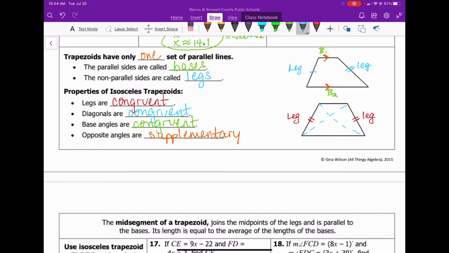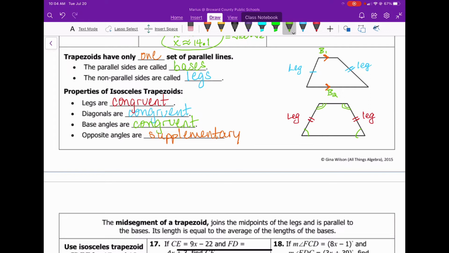The base angles are congruent as well. The base angles are right here. These angles here are congruent. And opposite angles are supplementary. Because we have two bases, we have two sets of base angles.